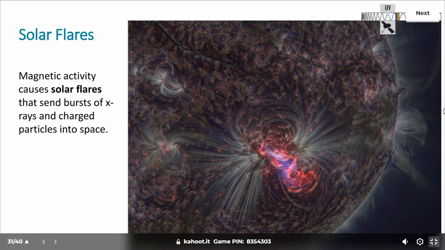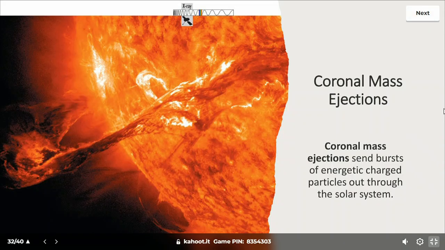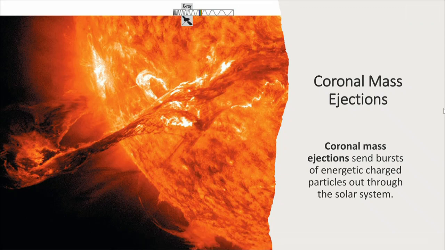So solar flares are photons that are released from the surface of the sun. These are X-rays. And then coronal mass ejections are basically mass that's leaving the surface of the sun and being put out into space.